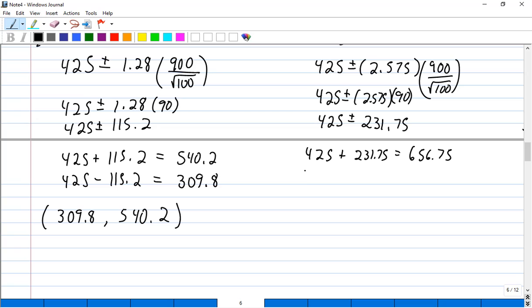Now, I'm going to subtract. I got 193.25.